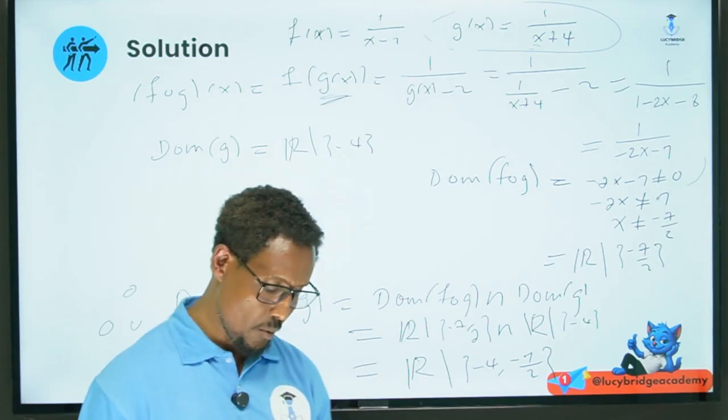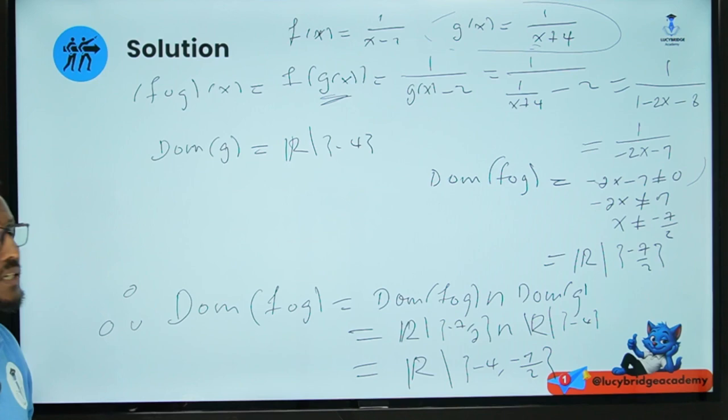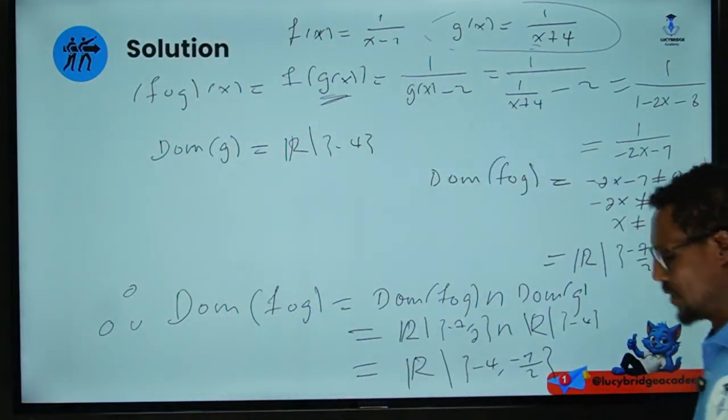This is the domain of the composition function. The domain is the set of all real numbers except -4 and -7/2.